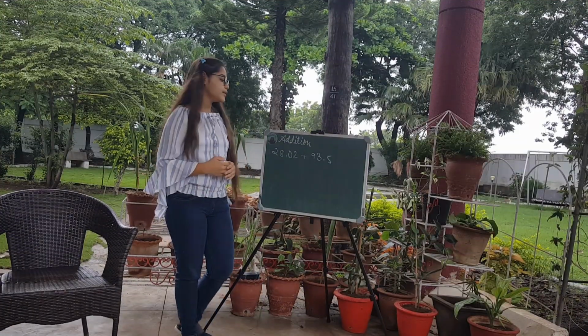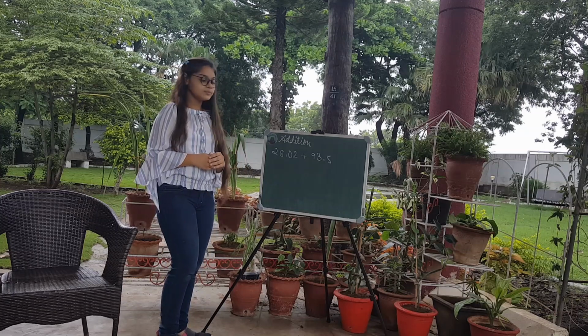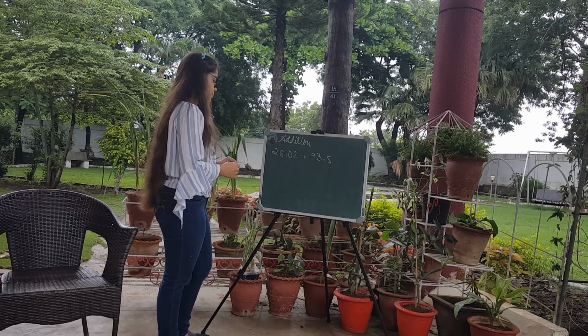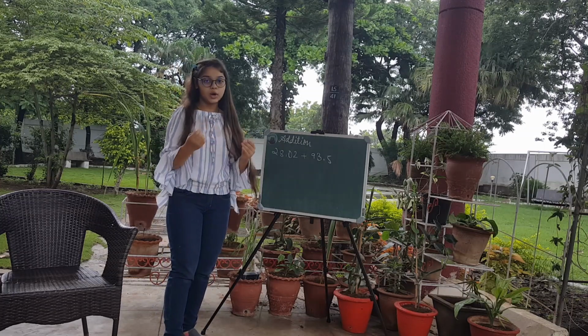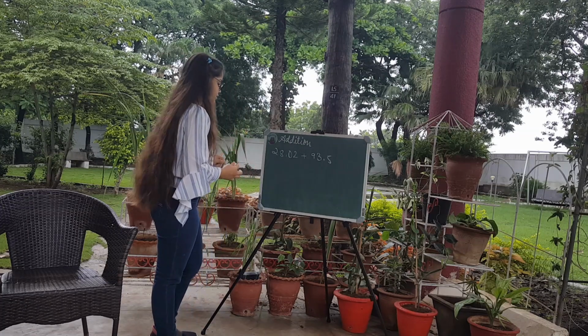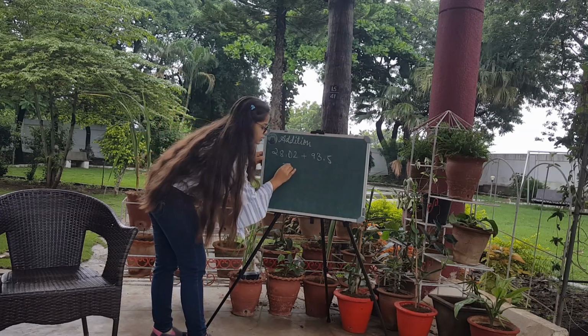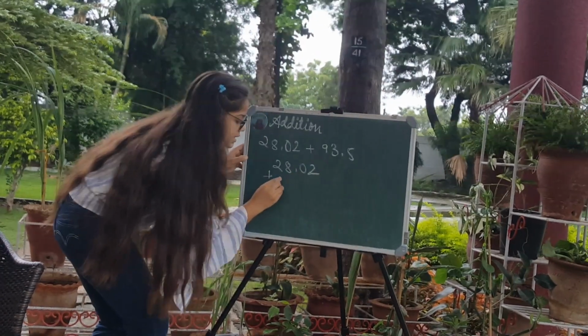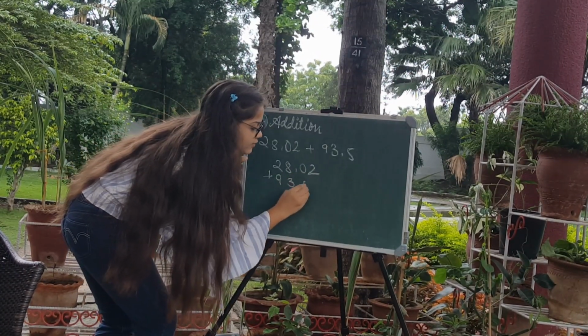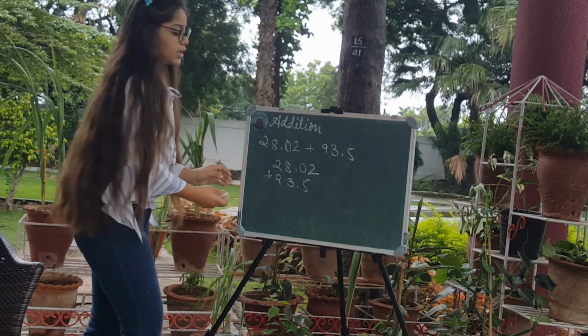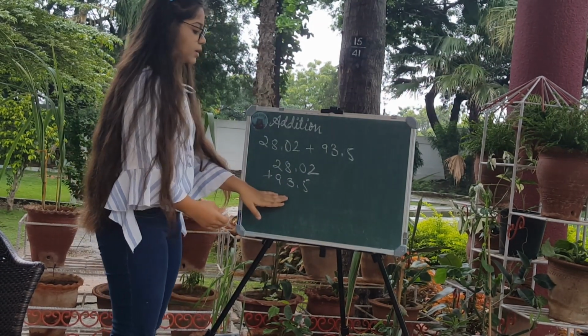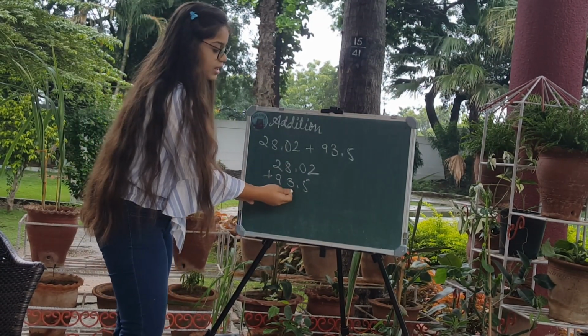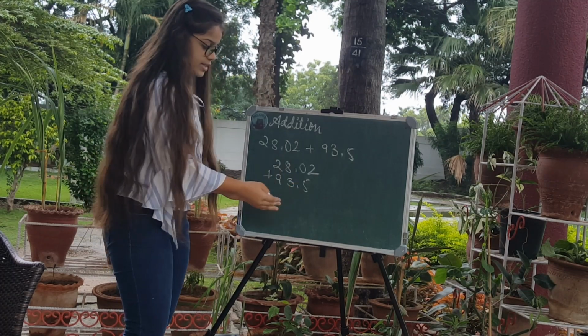Now let us move on to addition of decimals. Here I have an example. You just have to add it like normal whole numbers. So let us solve this. 28.02 plus 93.5. Here you have to write the second number just below the first number. The decimal points should coincide.